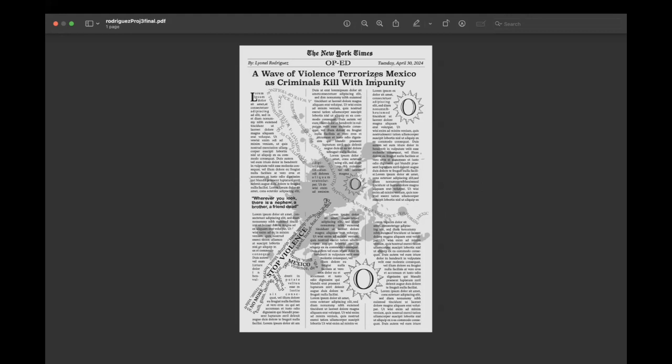Now below this, you will find the name of the topic: Wave of violence terrorize Mexico as criminals killed with impunity. There are two lines with the appropriate size to make it stand out in a better way, which is very important because it is what the topic is about.